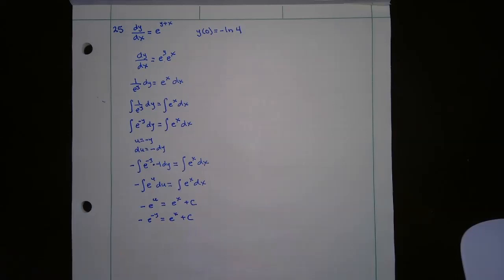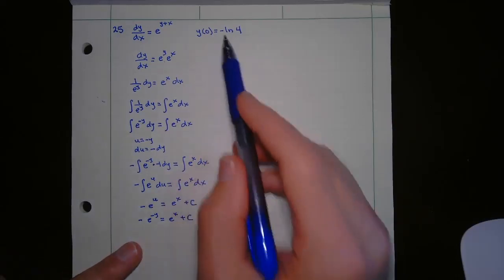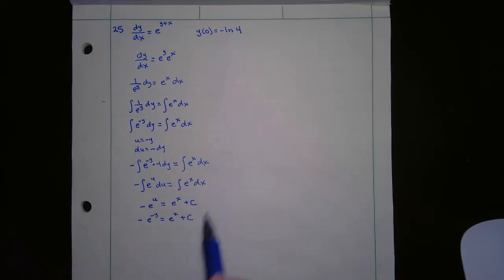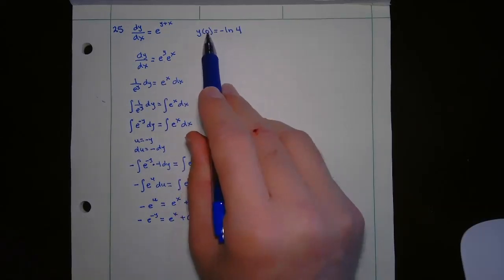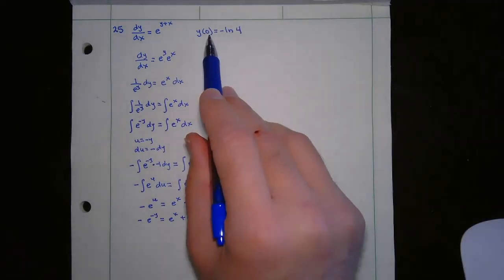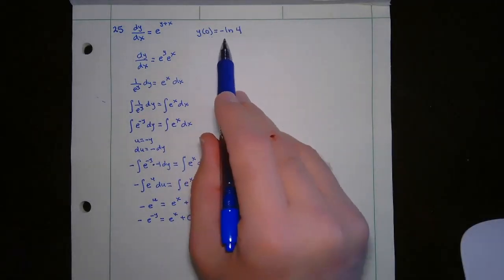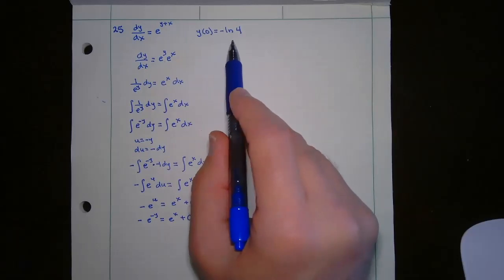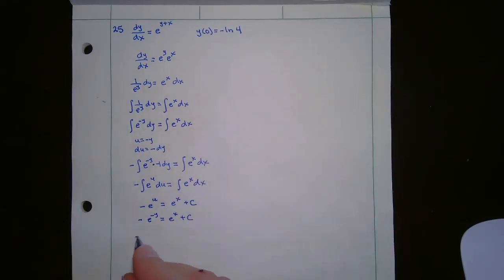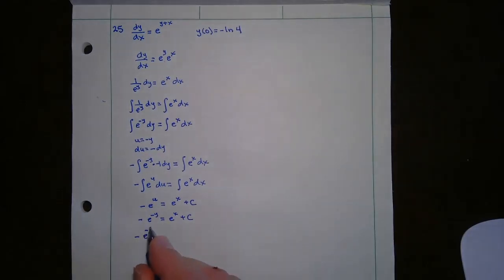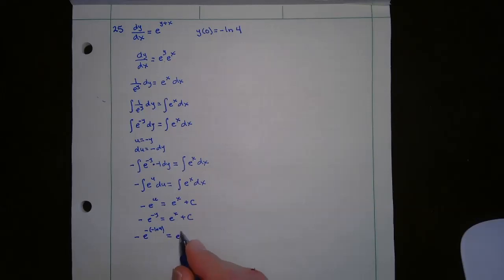Okay, so then the next thing that I would do is, you can either start solving this for y, but I think it's going to be easier if we get what our c is first, okay? So from this initial condition, because this is an initial value problem, if I put 0 in for x, I'm going to get out negative natural log of 4 for my y. So that makes negative e to the negative of negative natural log of 4 is equal to e to the 0 plus c, okay?